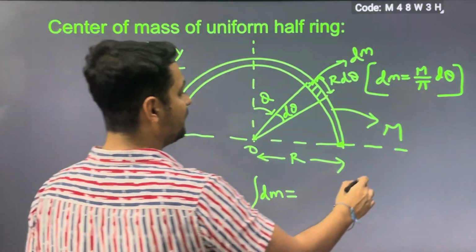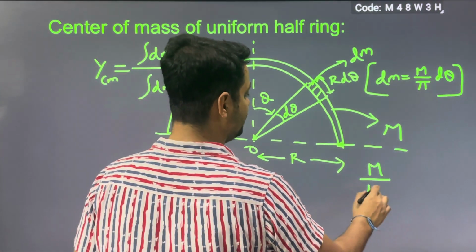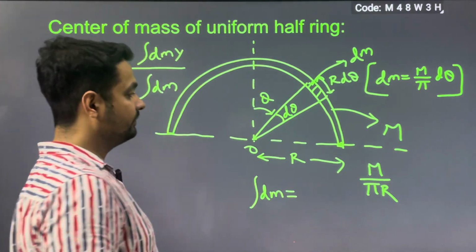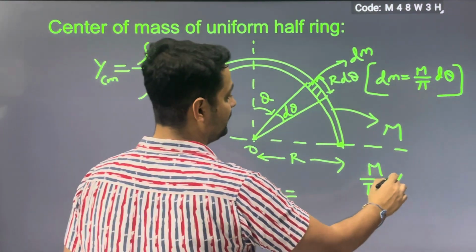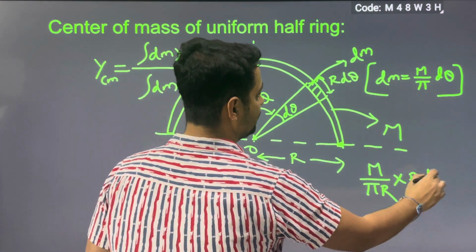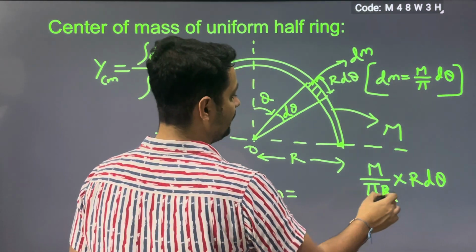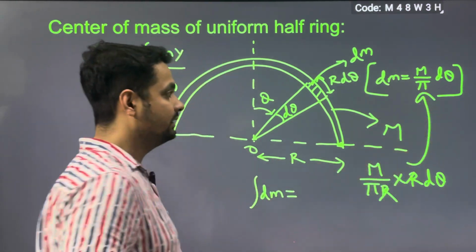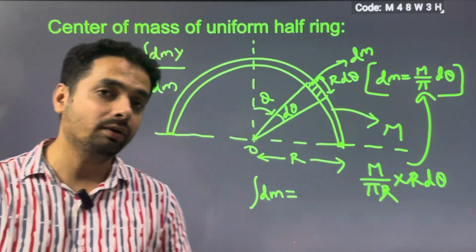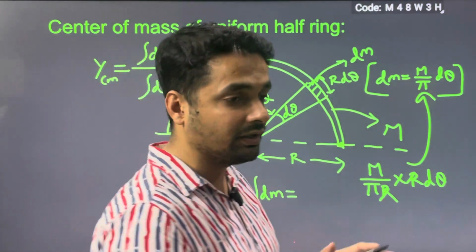So I can write m divided by pi r as mass per unit length. Here I am finding the mass on the r d theta length, so multiplying by r d theta, if I cancel this r, it remains m by pi d theta. Because the mass is distributed over its length. Keep it in mind whenever you are finding a dm.